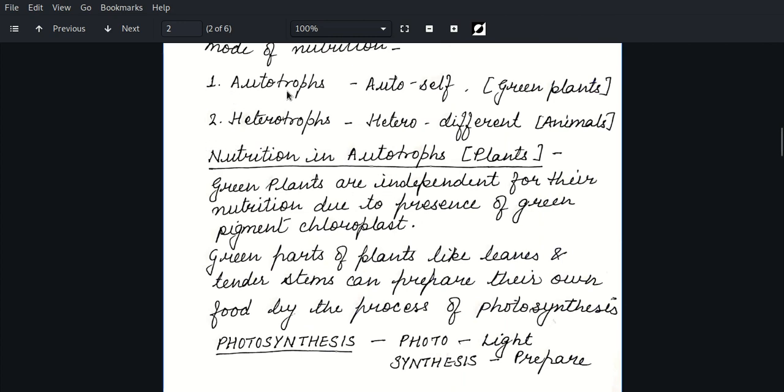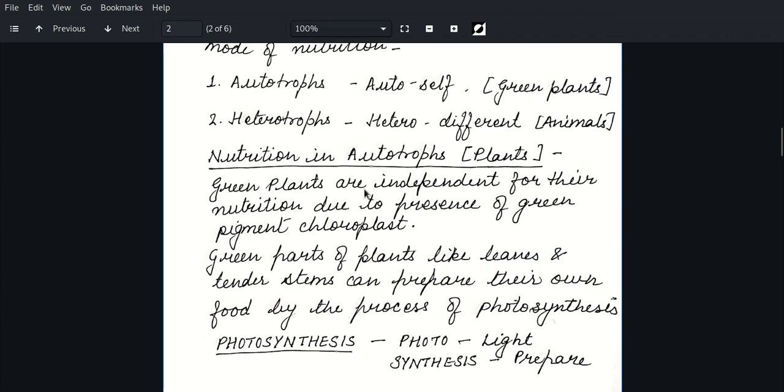So first we'll take nutrition in autotrophs means green plants. If we say green, what is the factor which makes the plants green? That is a pigment called chloroplast.